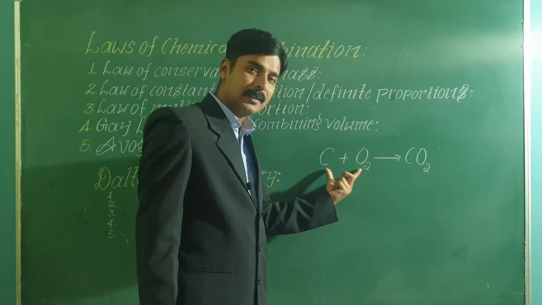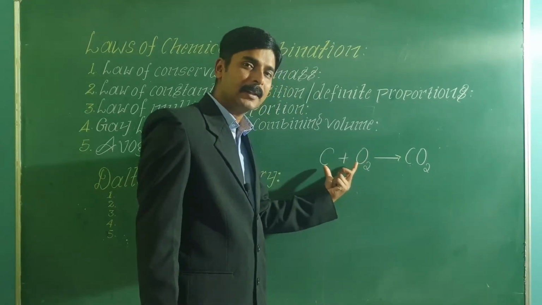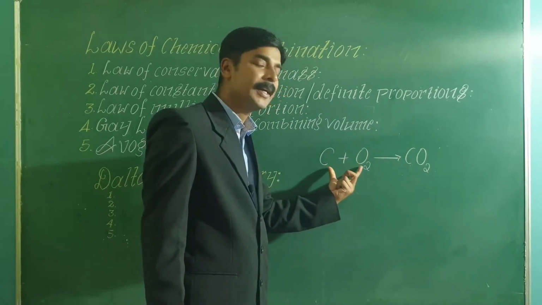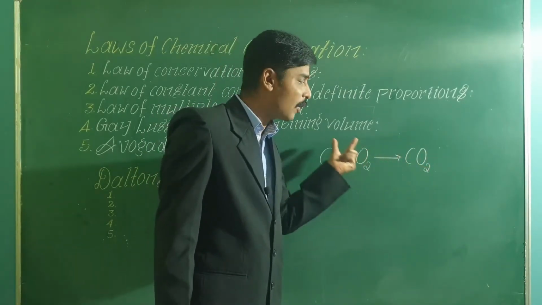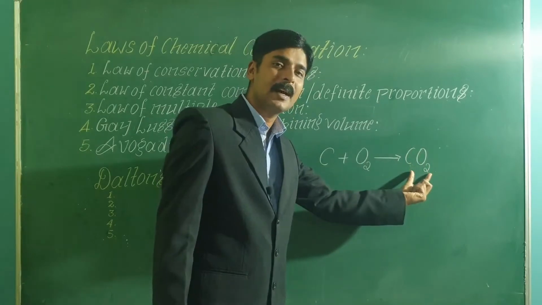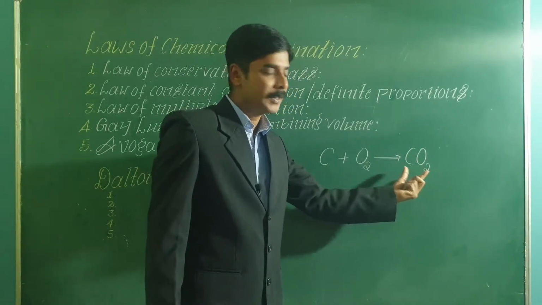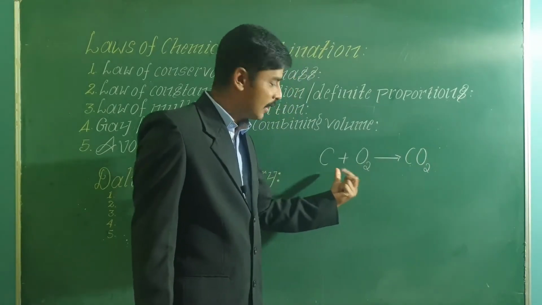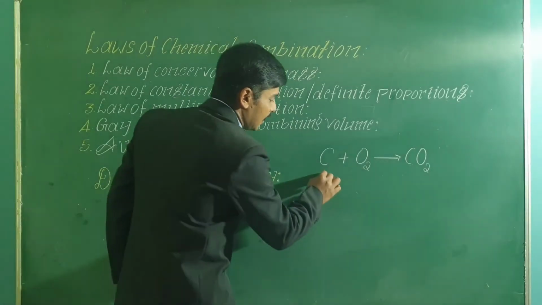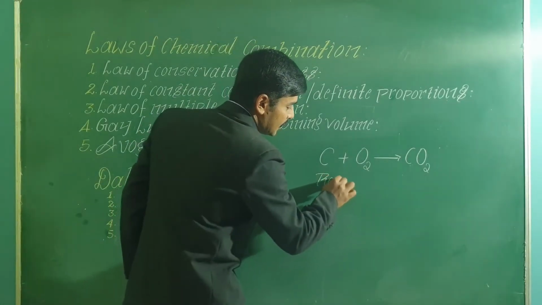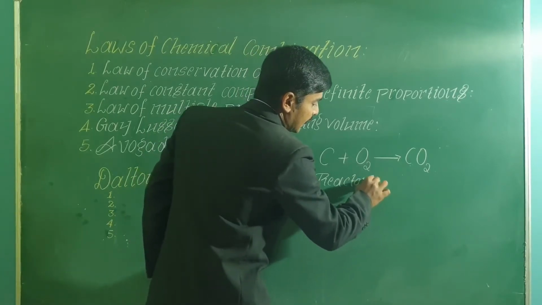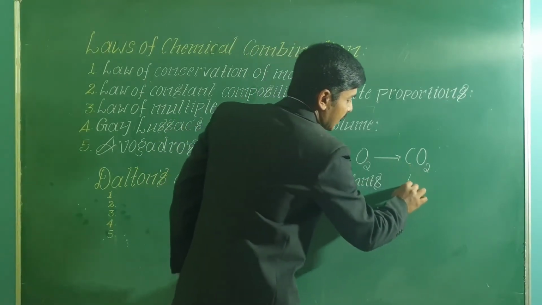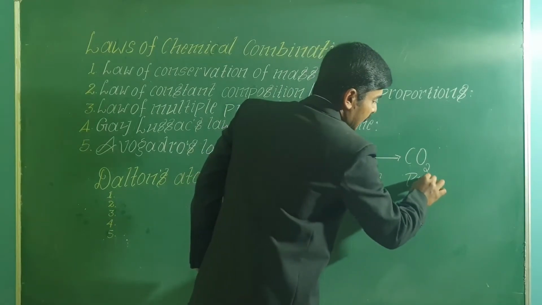The substances that take part in the chemical reactions are called reactants, and the substances that are formed after the chemical reactions are called products. In this reaction, carbon and oxygen are the reactants, and carbon dioxide that is formed is called the product.